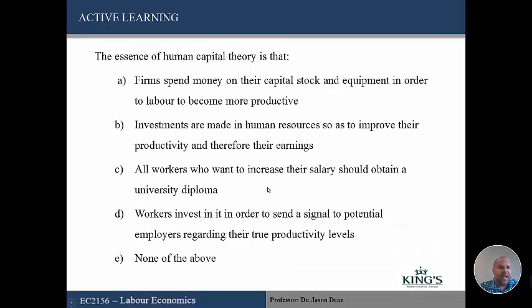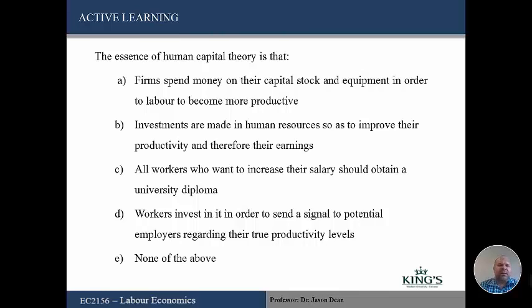Next question. The essence of human capital theory is that firms spend money on their capital stock and equipment in order for labor to become more productive; or investments are made in human resources so as to improve their productivity and therefore their earnings; or all workers who want to increase their salary should obtain a university diploma; or workers invest in it in order to send a signal to potential employers.